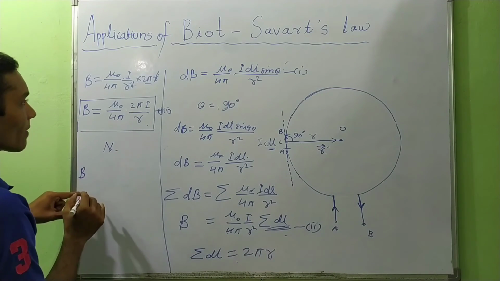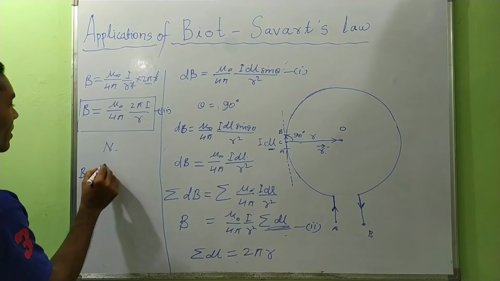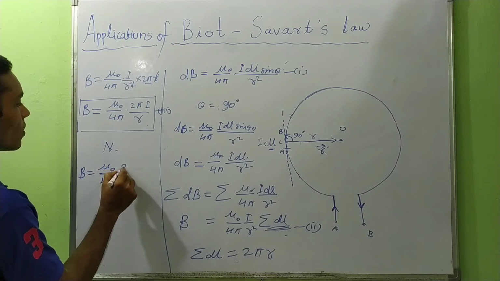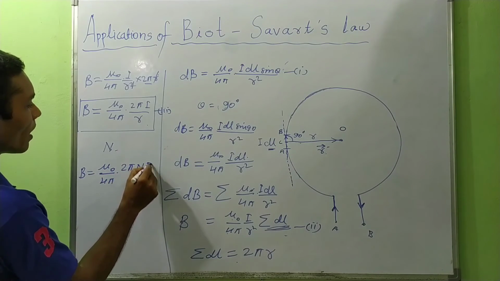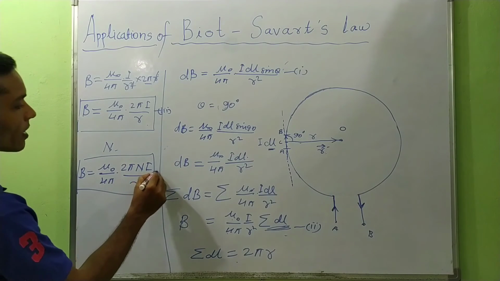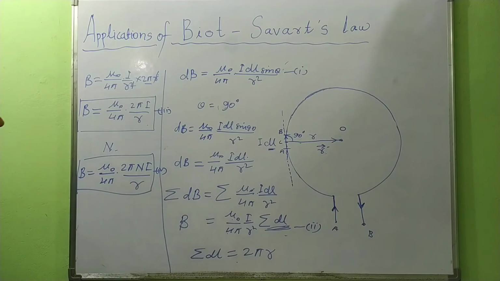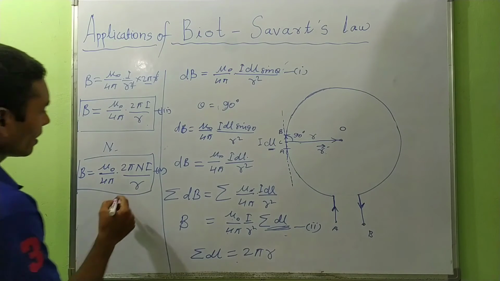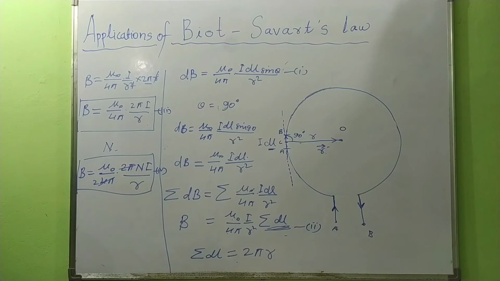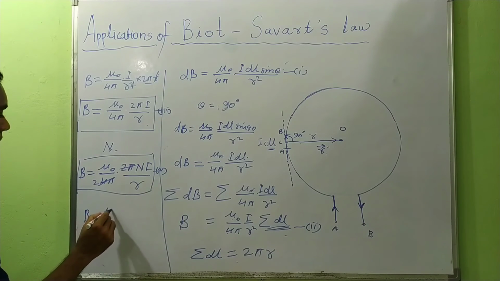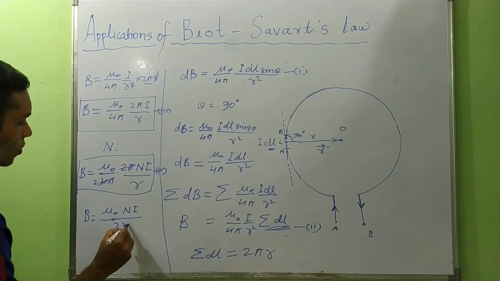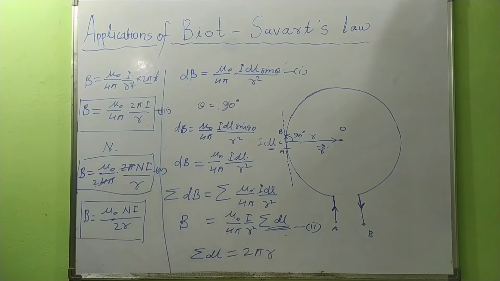If n turns are there, the total magnetic field will be mu naught upon 4 pi, here 2 pi n I upon r. This is the magnetic field. This is equation 4. Okay. Other form of this equation: 2 pi cancel here, 2 remains. So B will be equal to mu naught n I upon 2r. This is the another form.